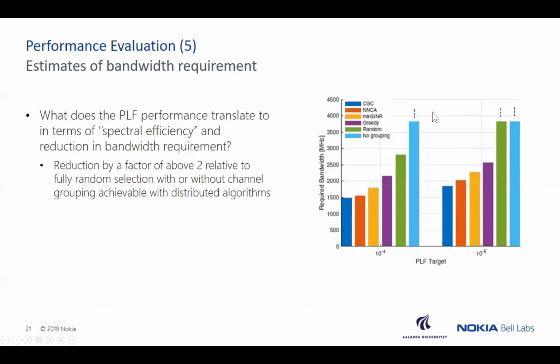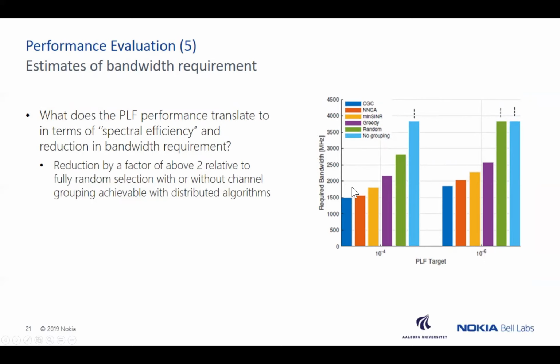So what does this translate to? Here we have calculated the estimated bandwidth required to support the 1E minus 6 outage, up to 1E minus 4 or 1E minus 6 PLF, within the 0.1 millisecond control loop cycle.